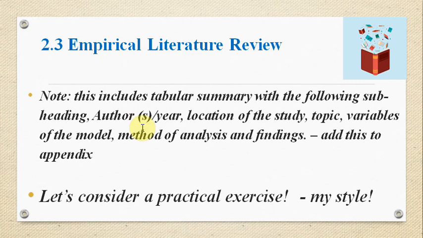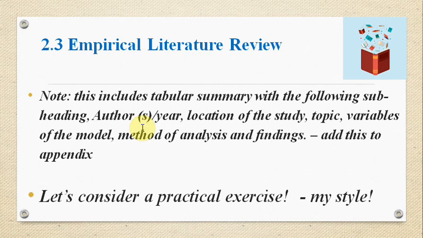So note that in some places, you will be required to include a tabular summary of your empirical literature review, showing the author's name and the year of publication, the location of the study, the topic, the variables that were used in the model, the method of analysis, and the key findings. I personally recommend that the table should be in the appendix. But if your department or institution requires it within the body of the work, put it in a way that looks very simple to understand.